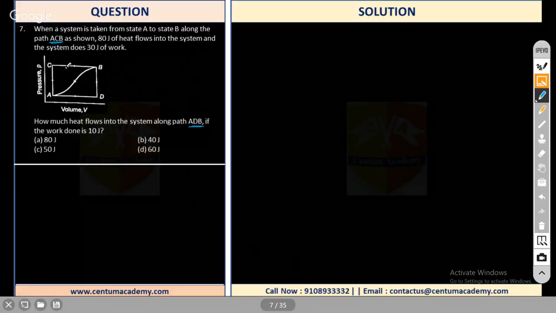So now you see here, when a system is taken from state A to B along path ACB as shown in the figure, 80 joule of heat flows. So Q is equal to plus 80 and W is equal to minus 30.